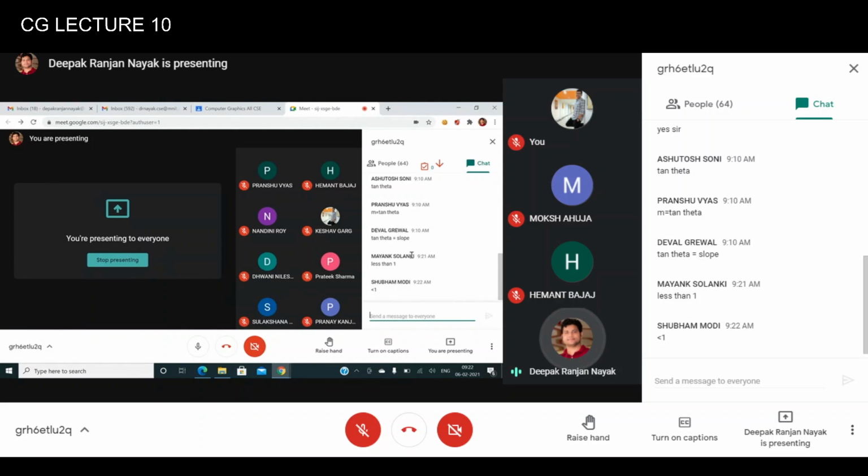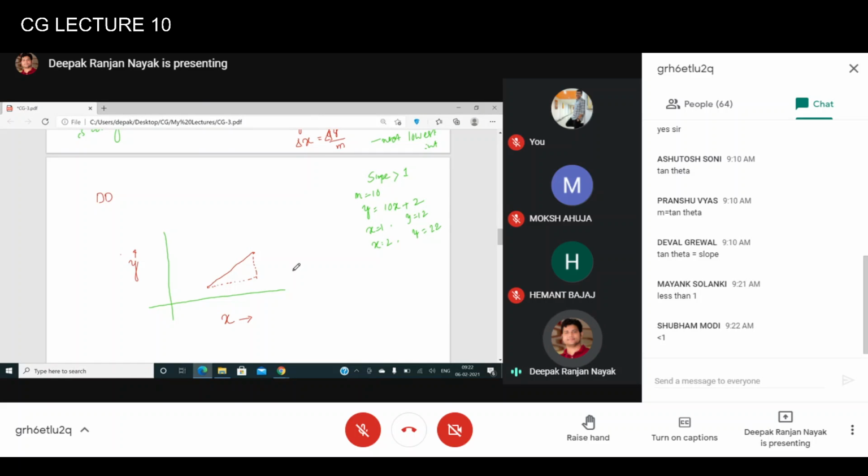The slope will obviously be less than 1. My del x here is greater than del y, so this value is greater than this value. So of course I will get a slope value less than 1, right?